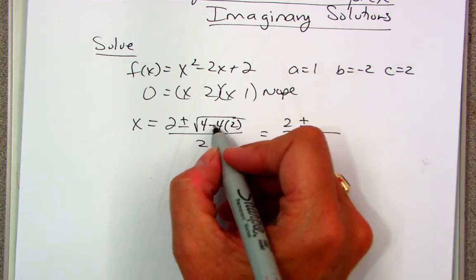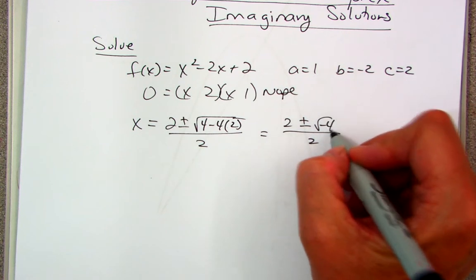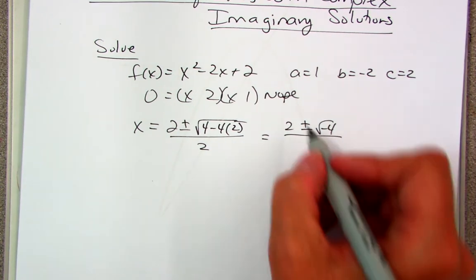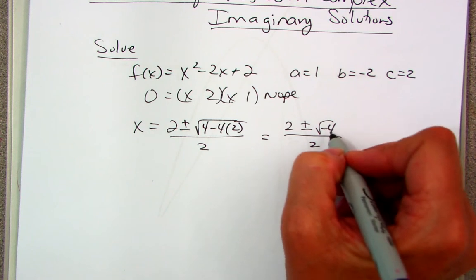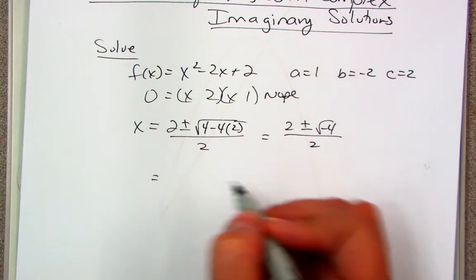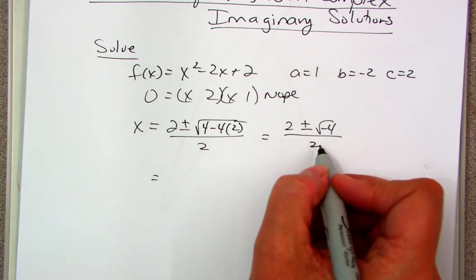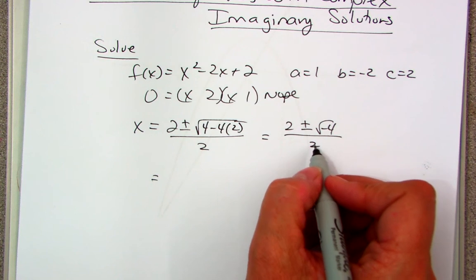Let's see, 4 minus 8. Aha! In this solution, I'm going to get a complex number. I cannot go any further until I address that negative underneath the square root. At the same time, I'm going to get ready for my a plus bi form. I'm going to separate that 2 and put it underneath each one of the numerators.